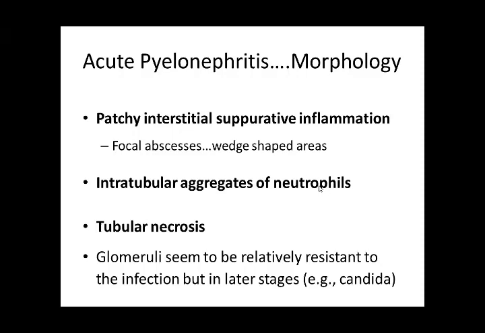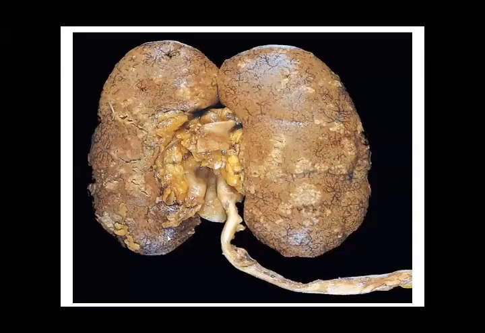Tubules undergo necrosis, and glomeruli seem to be relatively resistant to infection in the early stage, but later they do get infected and eventually catch the same infection. What is abnormal in this kidney? What abnormality do you see in this kidney?